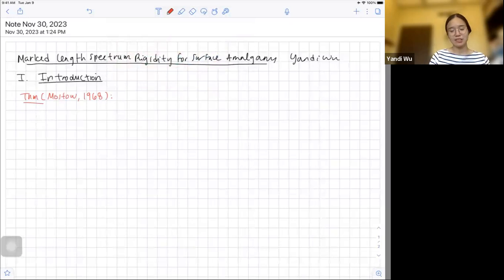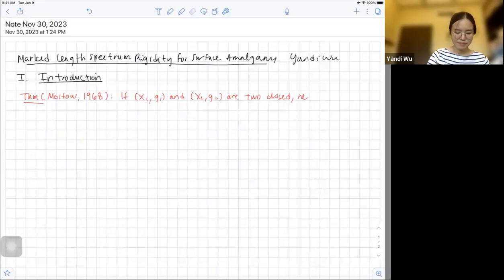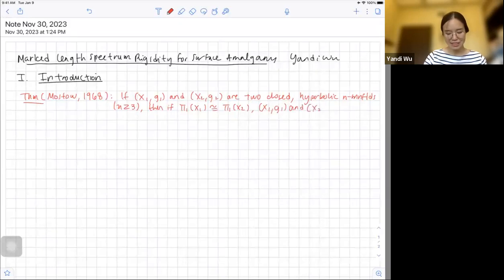The original geometric statement says that if (X1, g1) and (X2, g2) are two closed negatively curved hyperbolic manifolds of dimension n greater than or equal to 3, then if pi1 of X1 is isomorphic to pi1 of X2, we have that (X1, g1) and (X2, g2) are actually isometric.